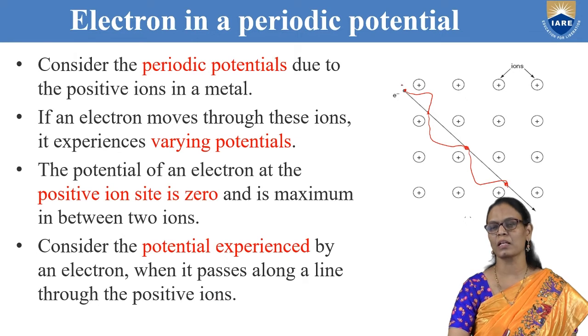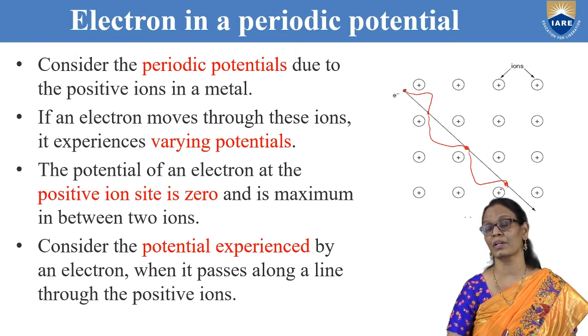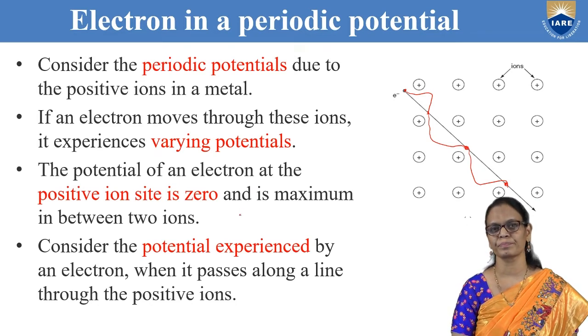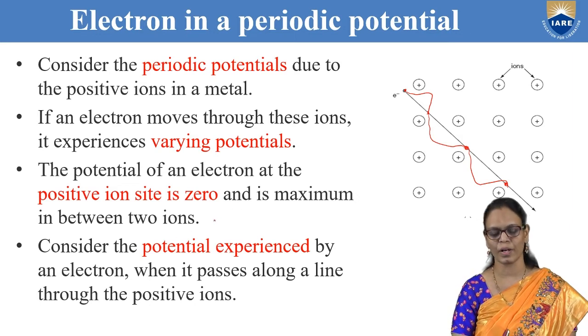So if you see the movement of an electron inside the metal or in the crystal lattice where the positive ions are uniformly spaced, there is a varying potential and it is minimum at the positive ion sites and maximum in between two ions.